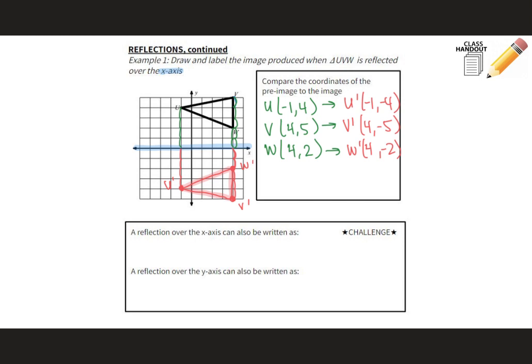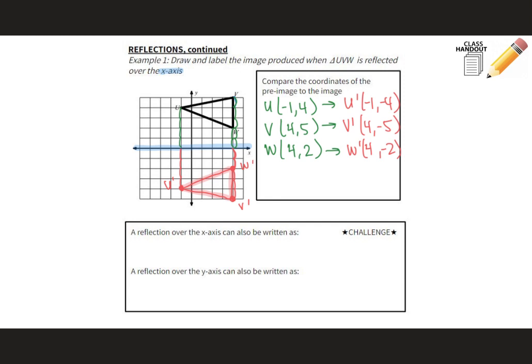So here's just a little challenge. We saw previously, with translations, that we can write the transformation in what's called coordinate notation, in terms of x and y. We can actually do the same for reflections. A reflection over the x-axis can be written as, well, if we compare our pre-image and our image, you'll notice all of the x coordinates are the same.